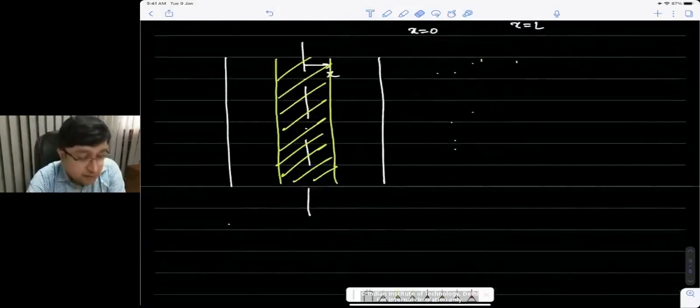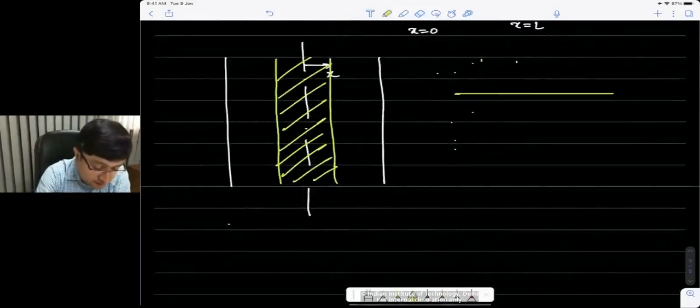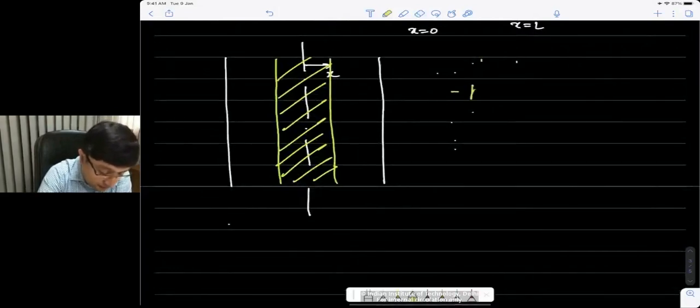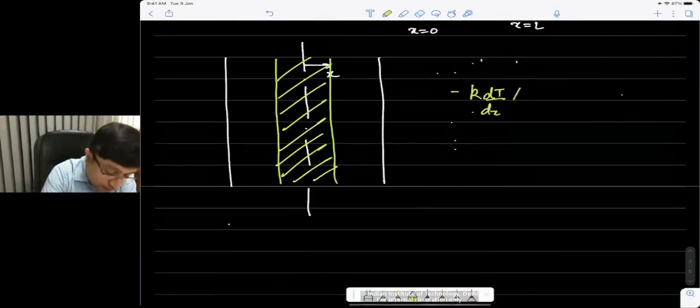So there is no energy coming into this section. What we have is energy leaving, and energy is actually leaving in the form of a conduction flux. So we can say minus k dT/dx at a distance x, into the cross section area.